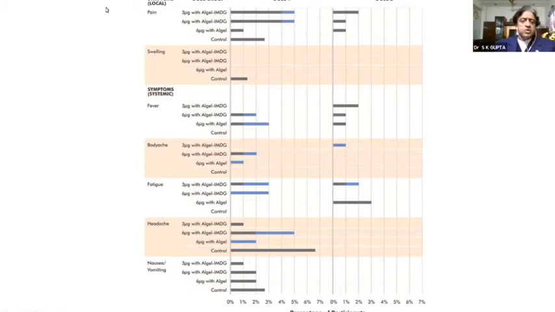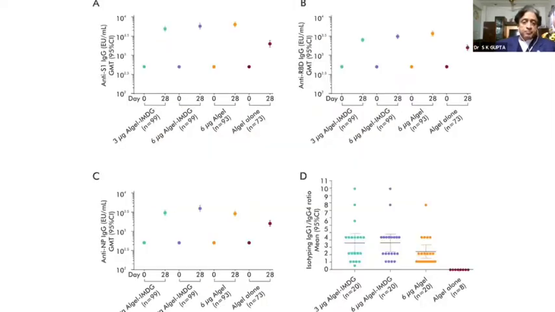And the vaccine has been used in a 3 microgram dose and a 6 microgram dose with the Algel-IMDG, which is used as an adjuvant. Adjuvants are substances which are added to the vaccine to enhance its immunogenicity. And this is the data which shows that the vaccine has been able to produce a good antibody response.